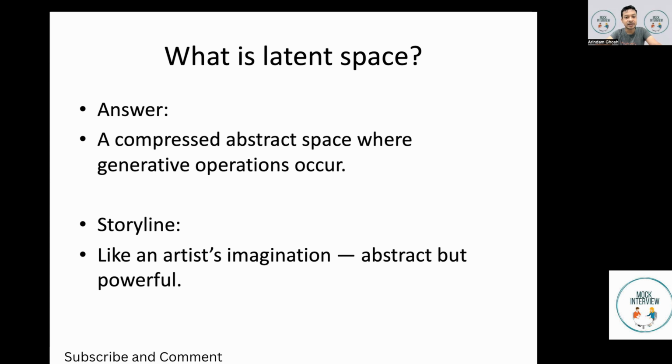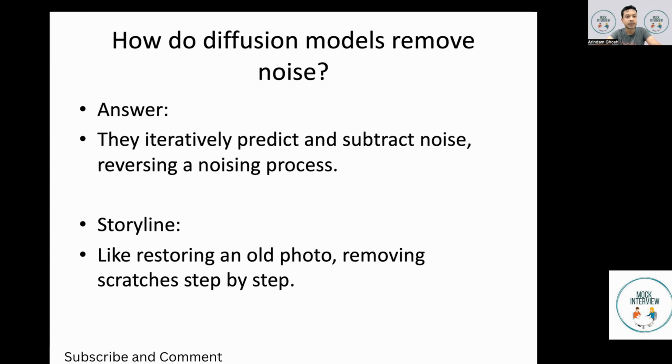Storyline: like an artist's imagination, abstract but powerful. Next question. How do diffusion models remove noise? Answer: they iteratively predict and subtract noise, reversing a noising process. Storyline: like restoring an old photo, removing sketches step by step.